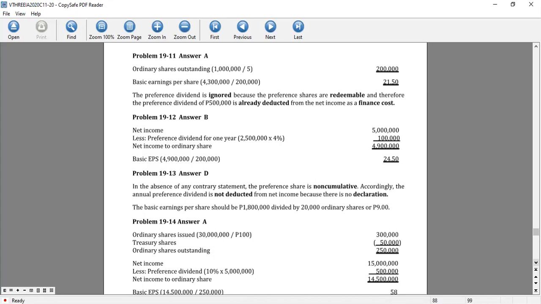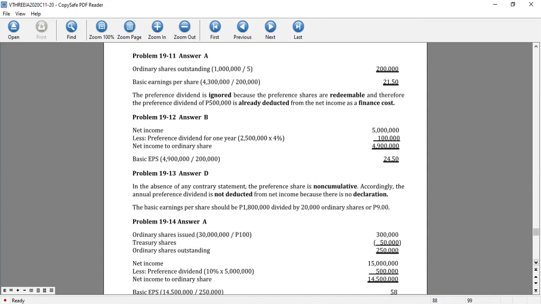So the basic EPS is 4.9 million divided by 200,000 ordinary shares. So we divide and get 24.50.